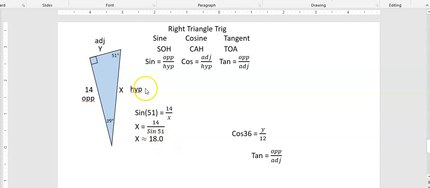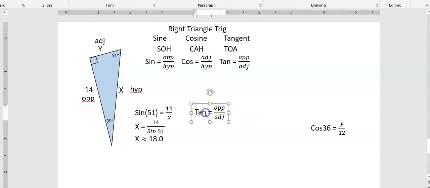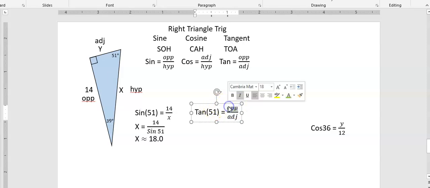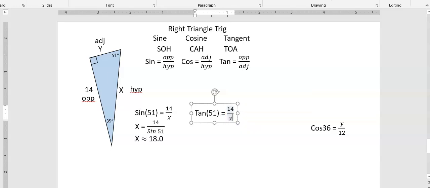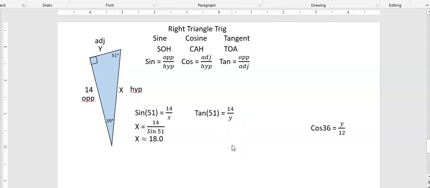So now let's still use 51 and solve for y. This time, with respect to the 51, this is opposite and adjacent. So finally, we get to use tan. So tan of 51 equals 14 over y. Y is in our denominator.